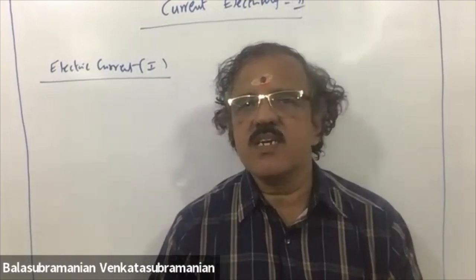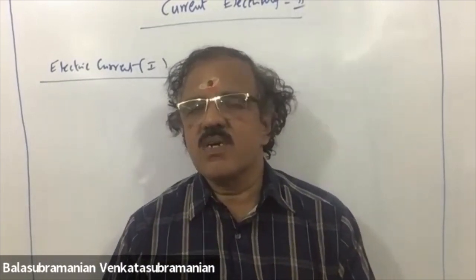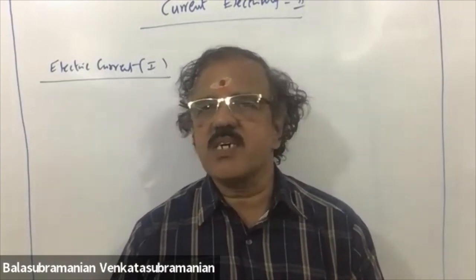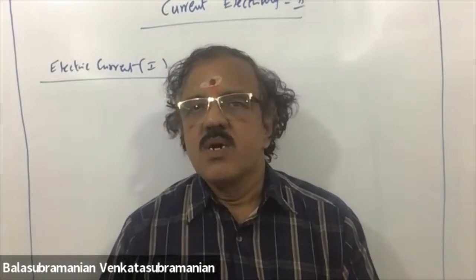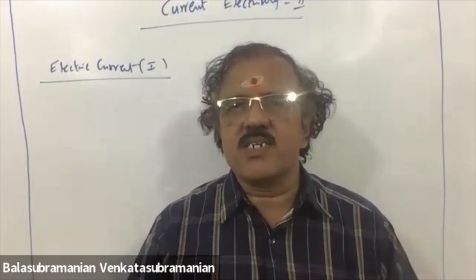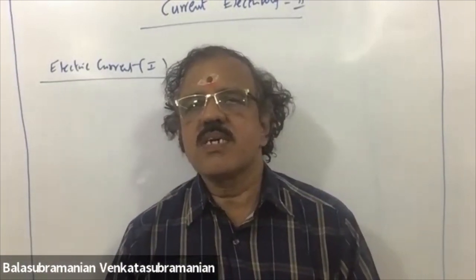The velocity is not zero. It is nearly 10 power 5 meter per second. But it is not constituting the current because electrons are moving in random direction, so it gets cancelled.